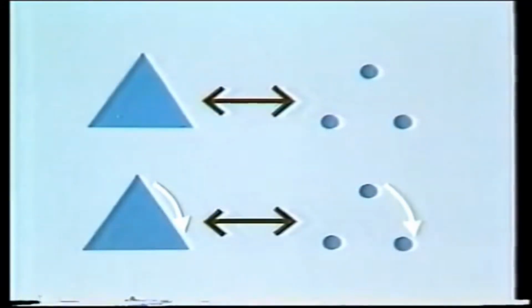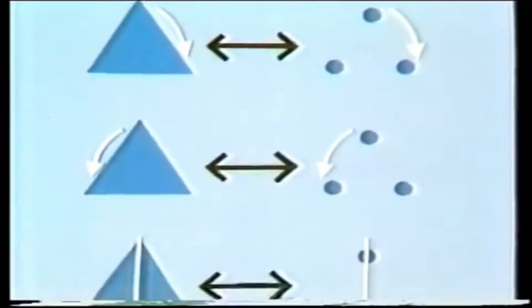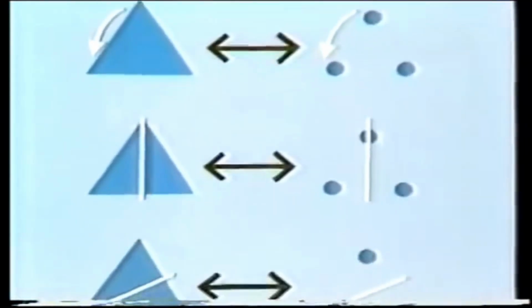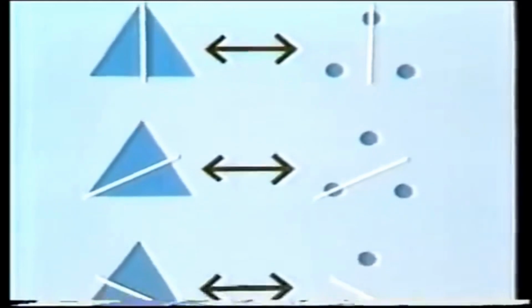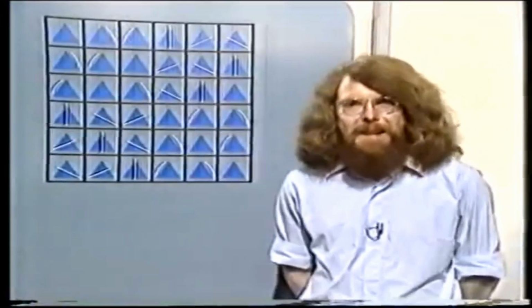Using this correspondence, we have changed one table into the other. A correspondence like this, which changes one table into the other, is called an isomorphism. Isomorphisms are what this program is all about.